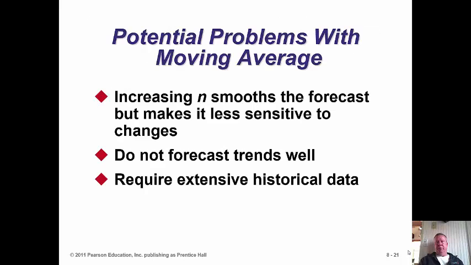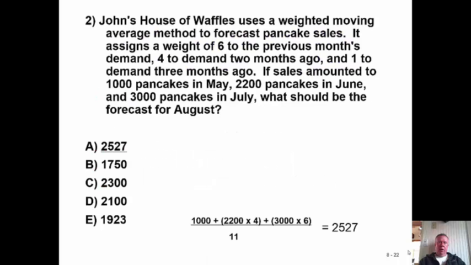So the problems with the moving average: increasing the n, the number down below in the denominator. If you get out to 20, 30 periods, it's going to really decrease the sensitivity. They do not forecast trends well and require historical data, and accurate historical data is the key. So garbage in, garbage out.